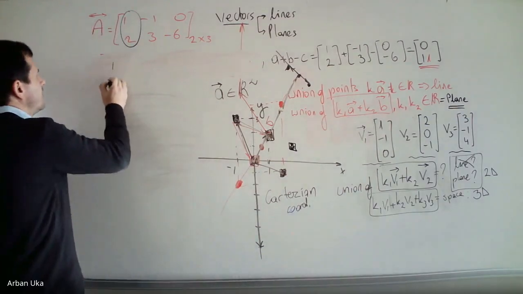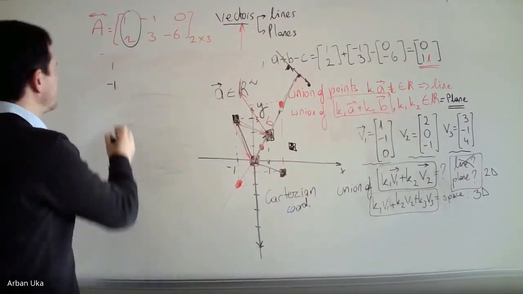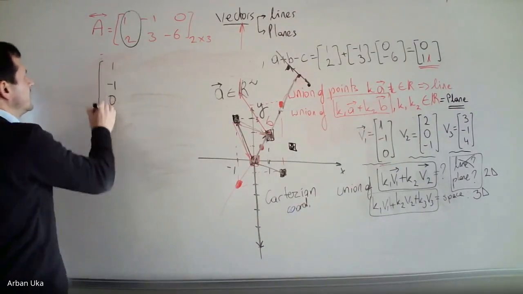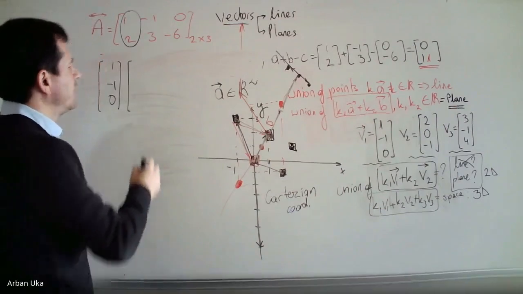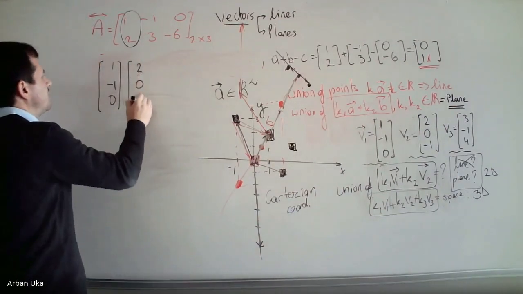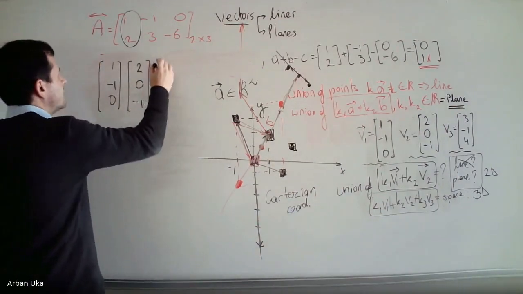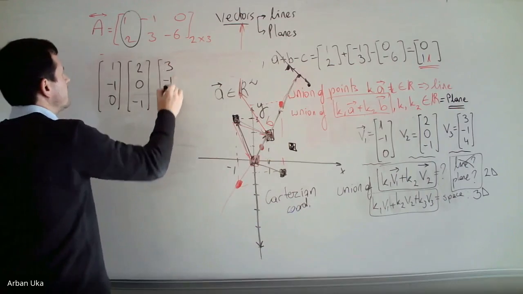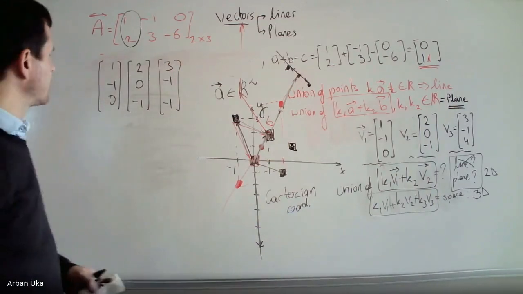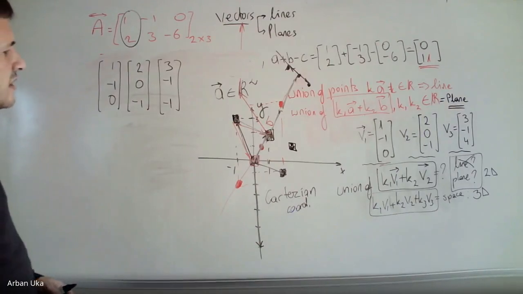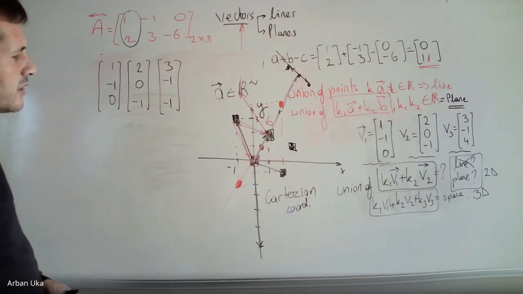We have 1, minus 1, 0, which we already have on the board. The second vector is 2, 0, minus 1. And the third vector is 3, minus 1, minus 1. So, using these three vectors, what space can you span?